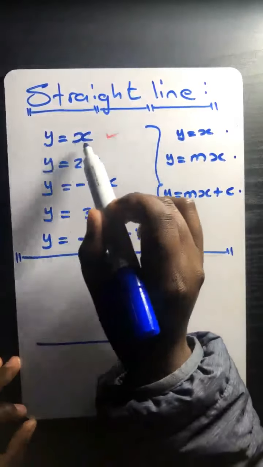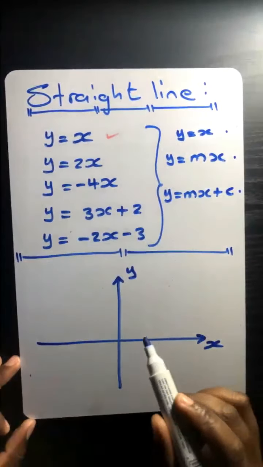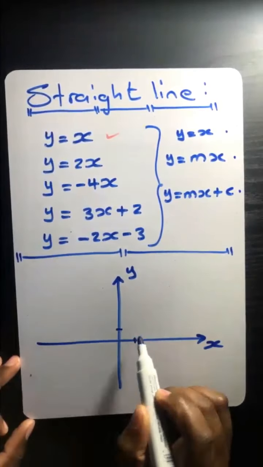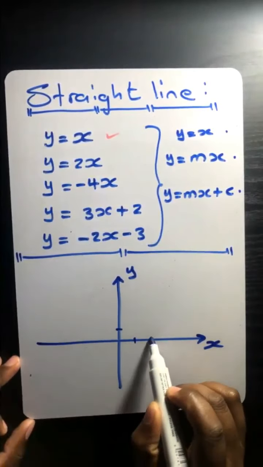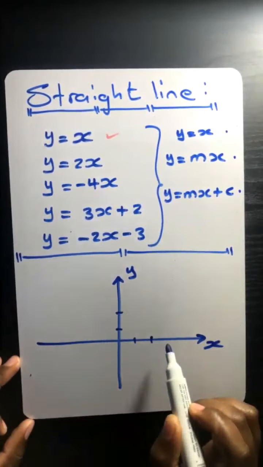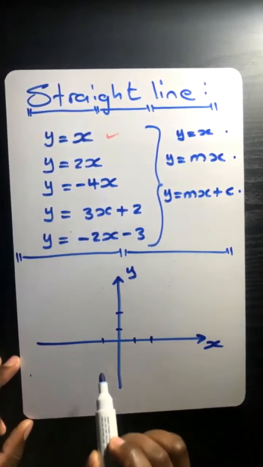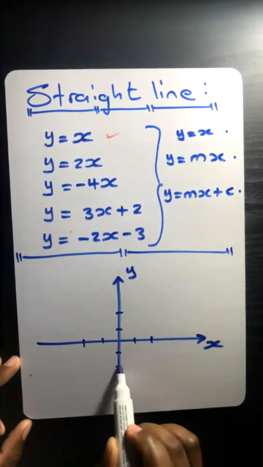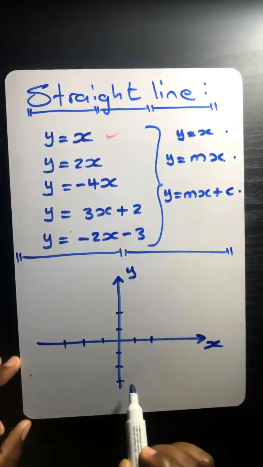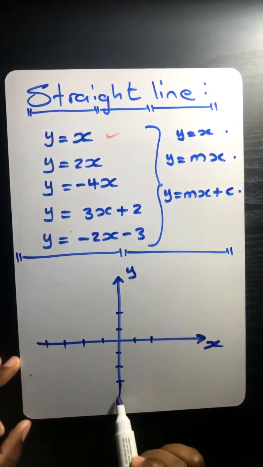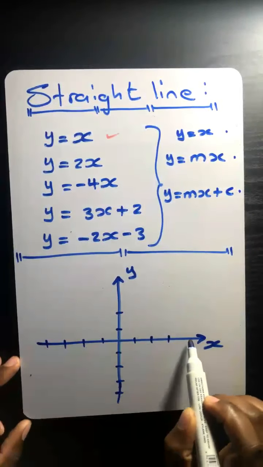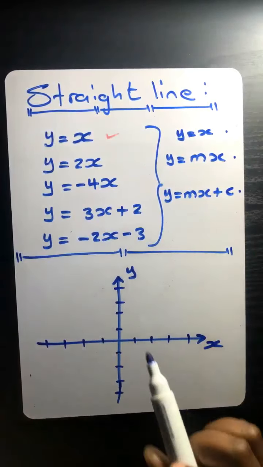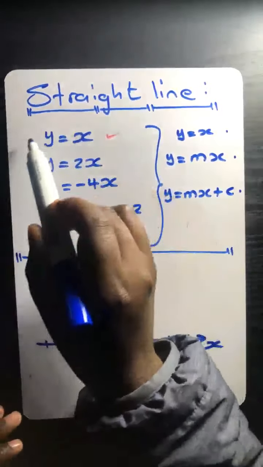If we've got y equals x, which means if x equals 1, also y must equal 1. If x equals 2, also y must equal 2. If x equals -1, also y must be -1. -2, -2, -3, -3, -4, -4, 3, 3, 4, 4. So that is what is meant by the graph of y equals x.